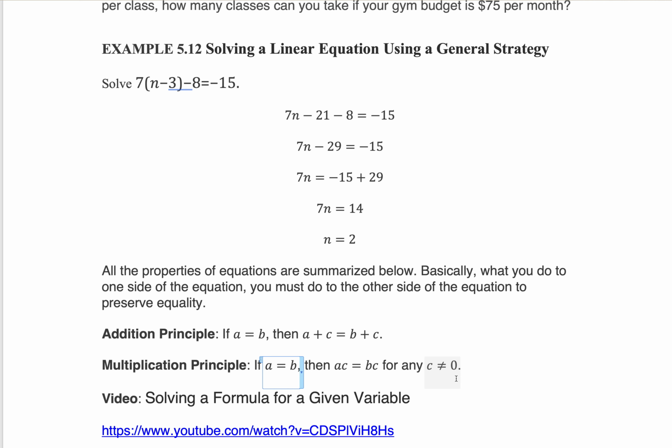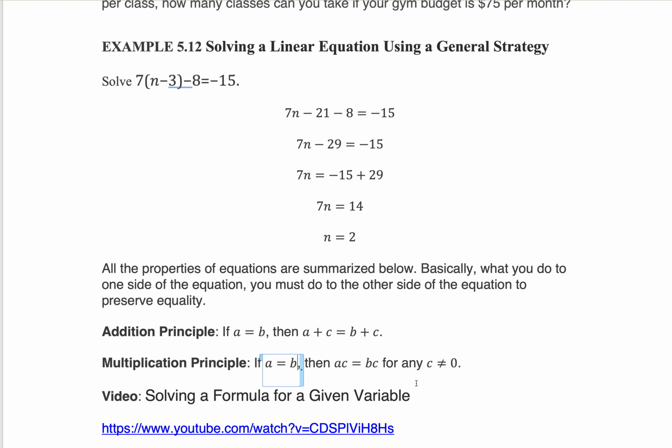But C could be positive, could be negative. And indeed, I really want you to see C could be a fraction. When C is like 1/2 or 2/3, basically multiplying by 1/2 or 1/3 just means dividing by 2 or dividing by 3.